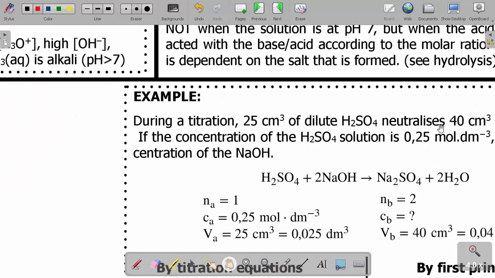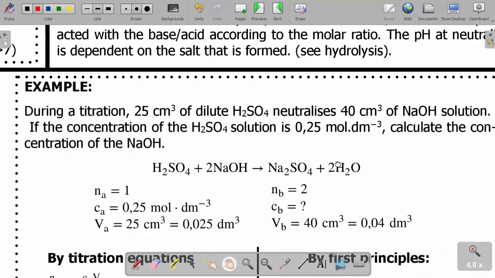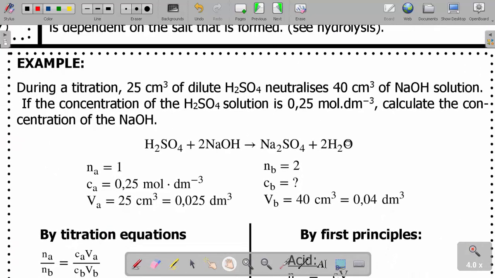Now we have to look at examples here. Such calculations carry a lot of marks, but they are very easy anyway. During a titration, 25 cubic centimeters of dilute sulfuric acid neutralize 40 cubic centimeters of sodium hydroxide solution.